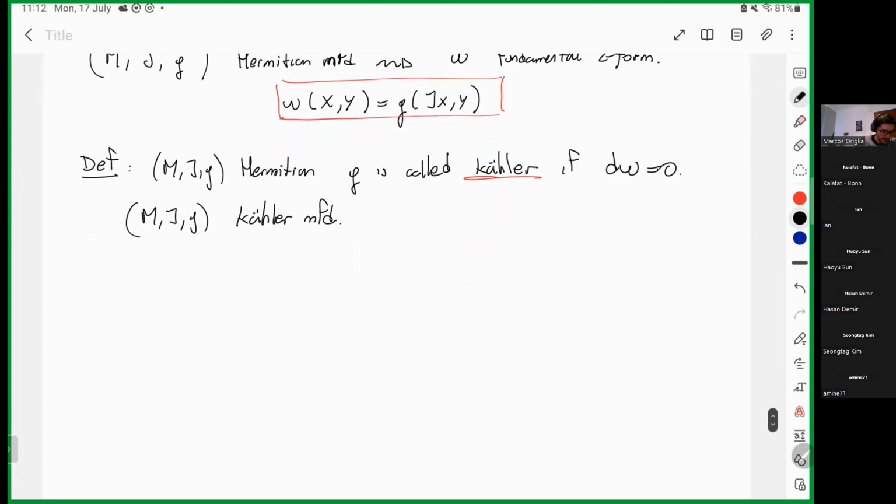Okay, nice. So there is an equivalent characterization of Kähler manifold.